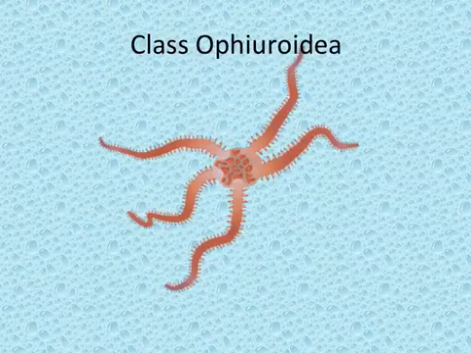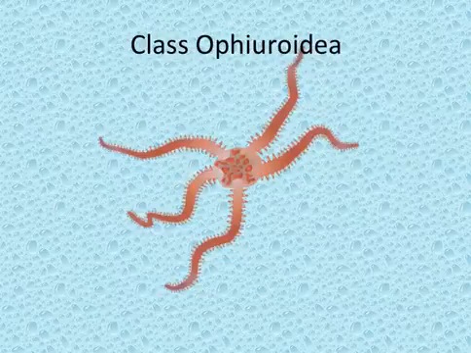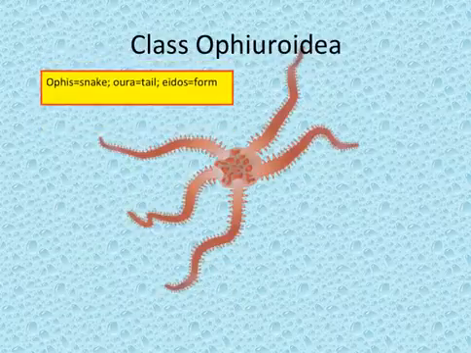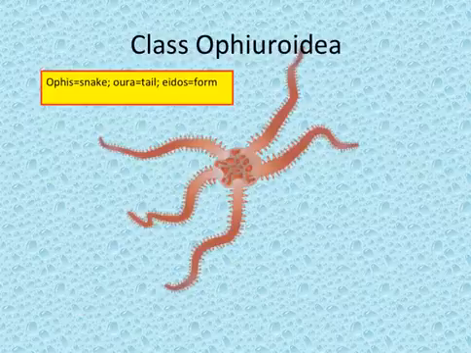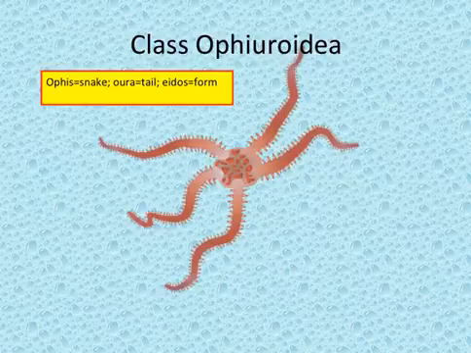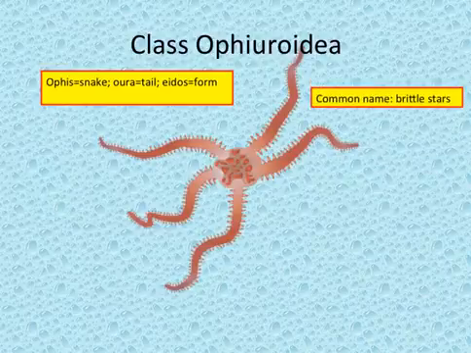Our next class is class Ophiuroidea. Ophis means snake, ora means tail, and eidos means form, so this name means snake in the form of a snake tail. The common name for these organisms are brittle stars.